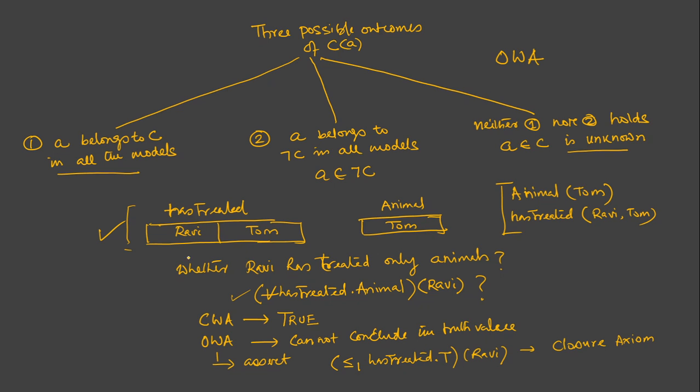So we cannot have another relation where Ravi has treated something belonging to a class different from animal, right? So that is why this will return the truth value of this query to be true, that Ravi has treated only animals, not other things, right?